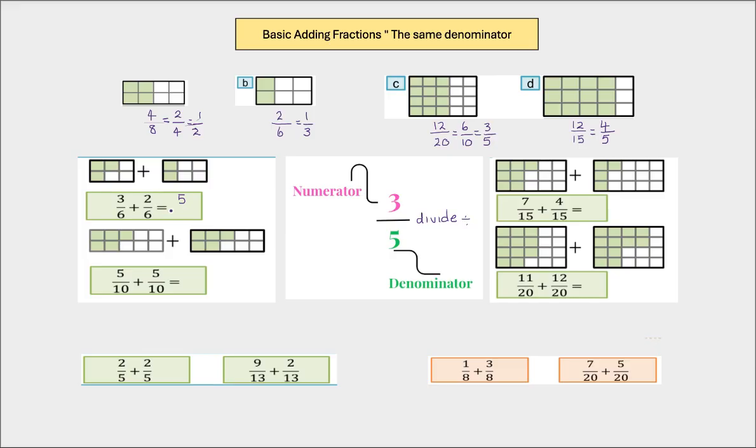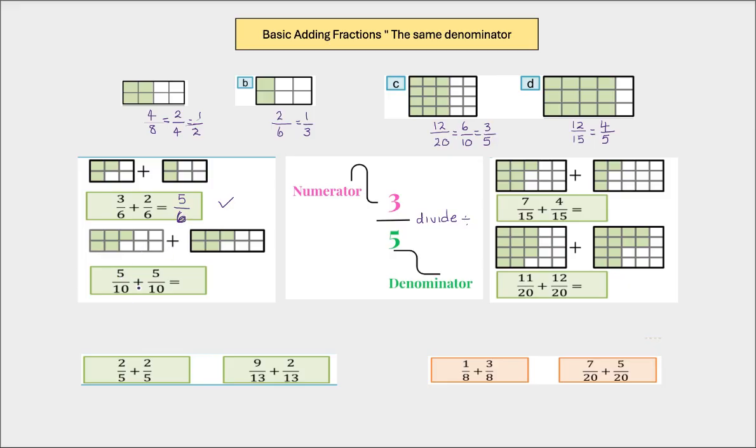You ready? 3 plus 2 is 5. 6 plus 6? No, it just stays the same. You don't add it. Because they're the same, it stays as 5/6.